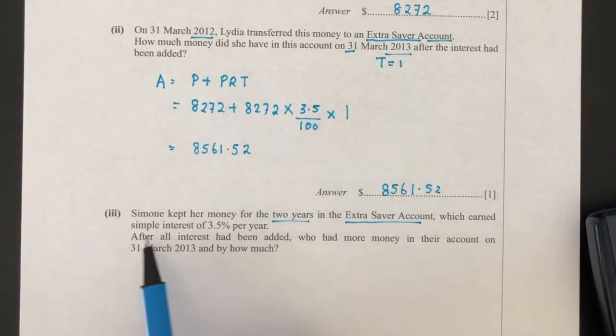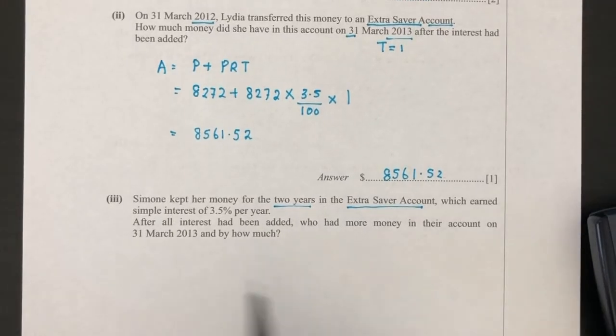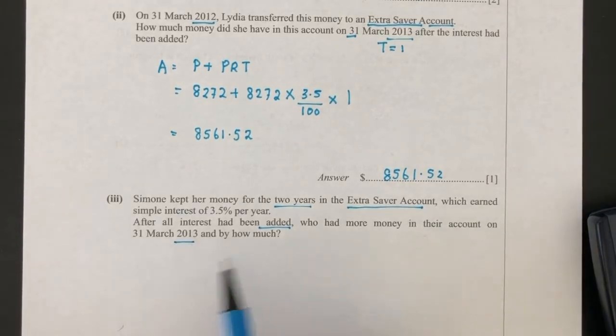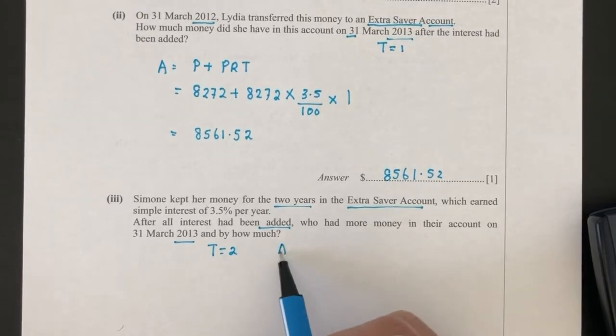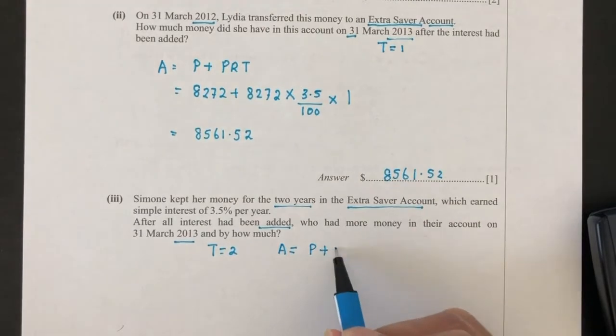Now next question. Simone kept her money for the 2 years in the extra saver account, which earned a simple interest of 3.5% per year. So after all the interest has been added, who has more money in the account? Okay, let's see. On this date, for Simone, T will be 2 years. So let's find the amount for Simone. It will be the same formula because it is simple interest.